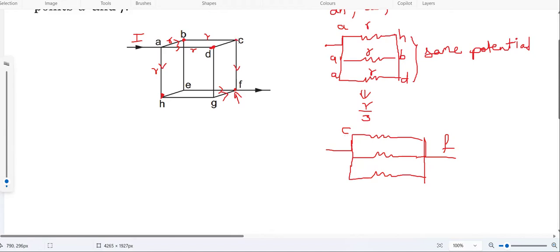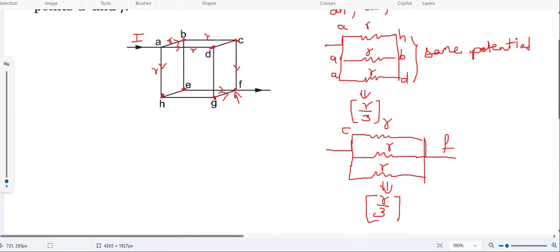These are the points just before the total current is out. So again, they are going to be R, R, R, so you should get R by 3. R by 3 is the last step.